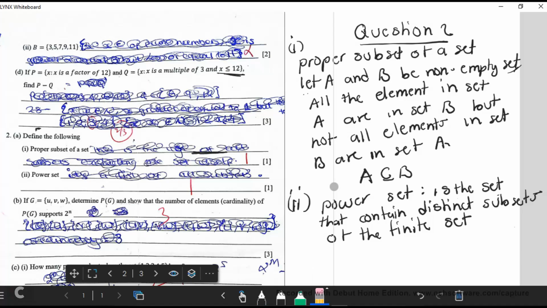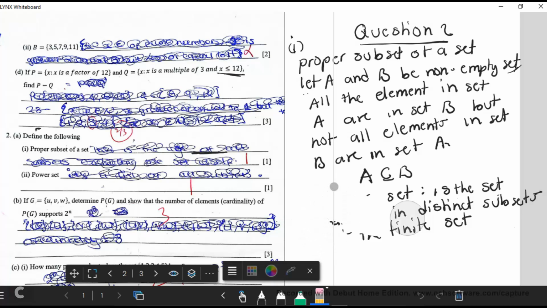Okay, let's go on question 2b. Remember this was the question 2a.